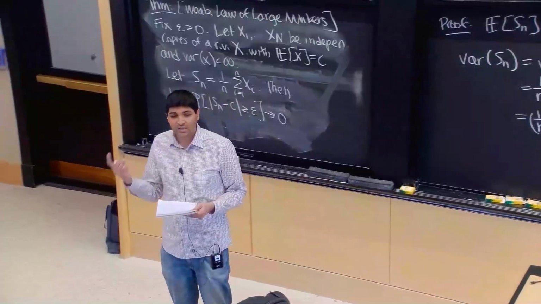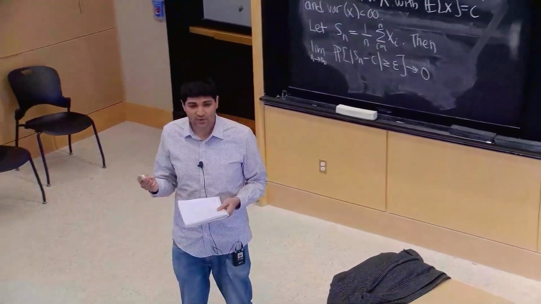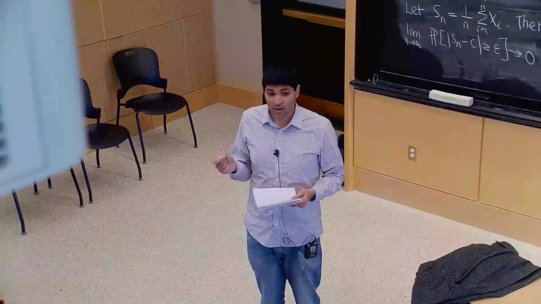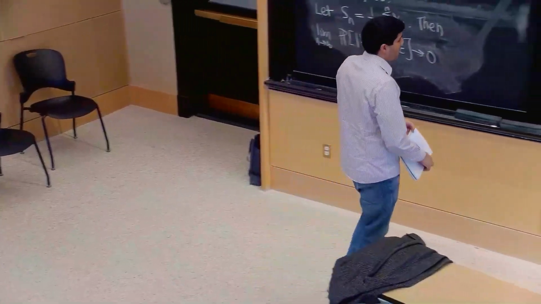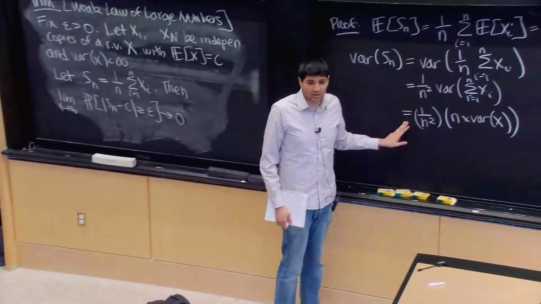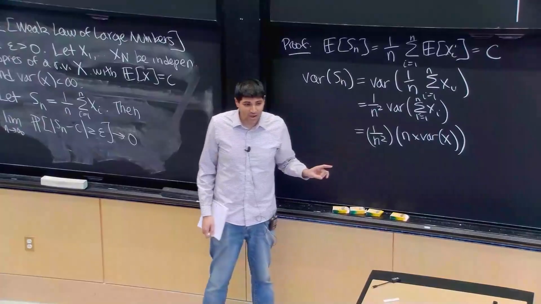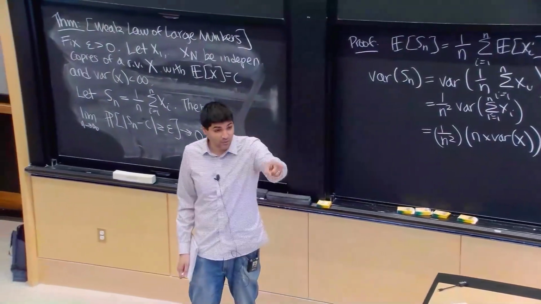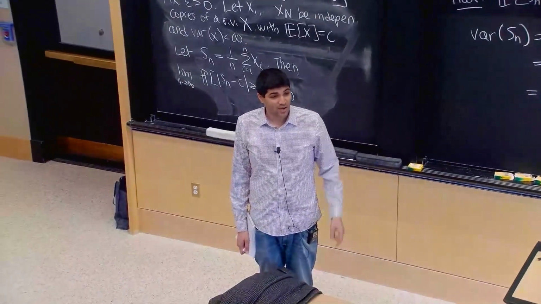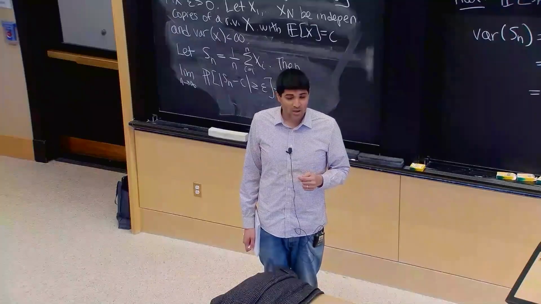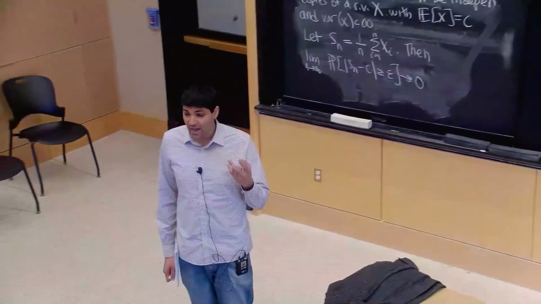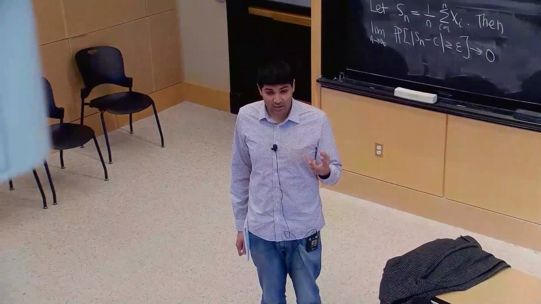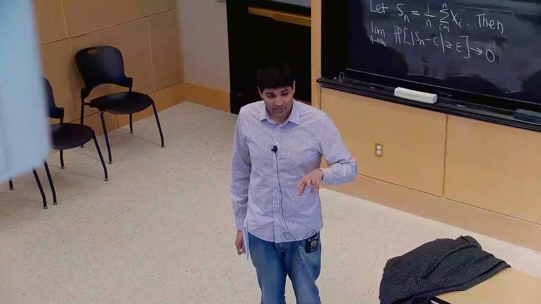So this is the key step in the weak law of large numbers. This is the part that I want to dwell on. So why is this step okay? How did I go from here to here? We have to remember what I told you way back when we did the probability unit. Yes? Because they're independent. That's right. So remember, we had things like the linearity of expectation. We add two random variables, and the expectation of their sum is the sum of their expectations.